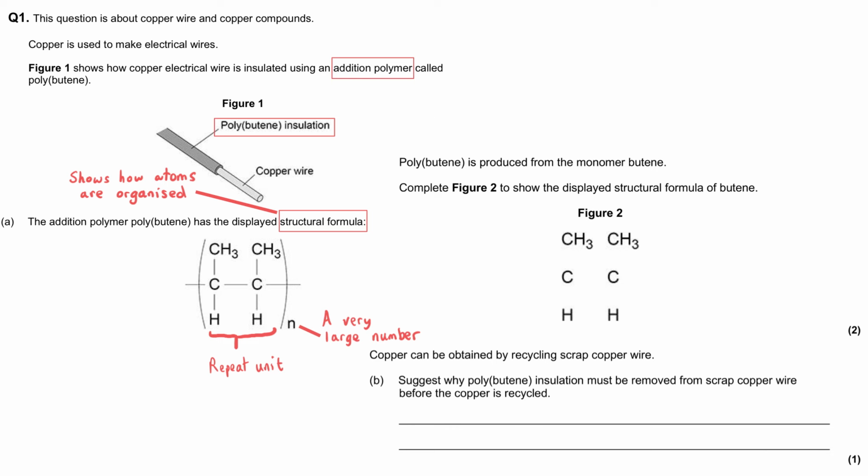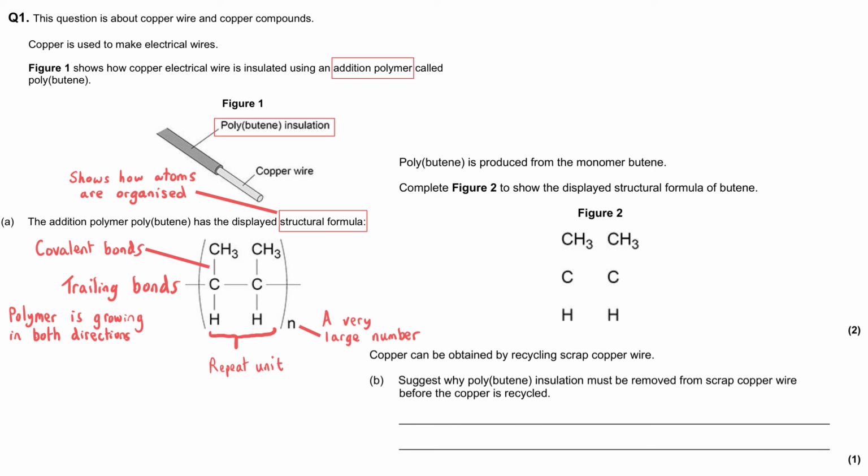And all of the atoms within the polymer are held together by these things shown as sticks. These are covalent bonds. And then on the outside, we've got these bonds, and these are referred to as trailing bonds, and they symbolize the fact that the polymer chain grows and grows and grows in each direction.